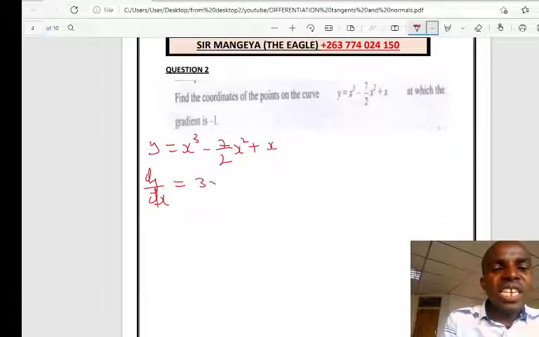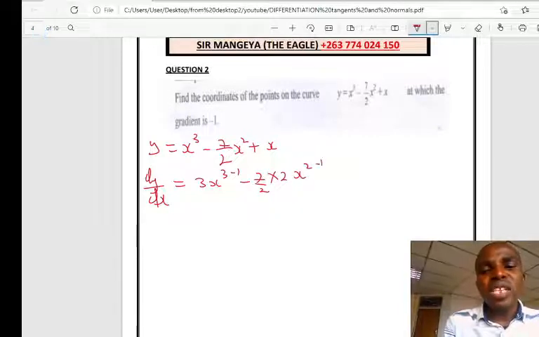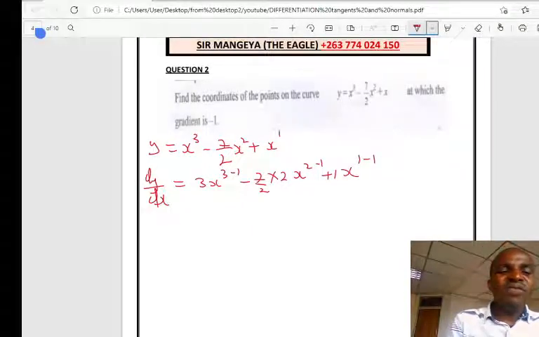Here we bring down 3, x to the power 3 minus 1, minus 7 over 2 times, bring down 2, x to the power 2 minus 1, plus, here the power is 1, so you bring down 1, x to the power 1 minus 1. That's how you differentiate.